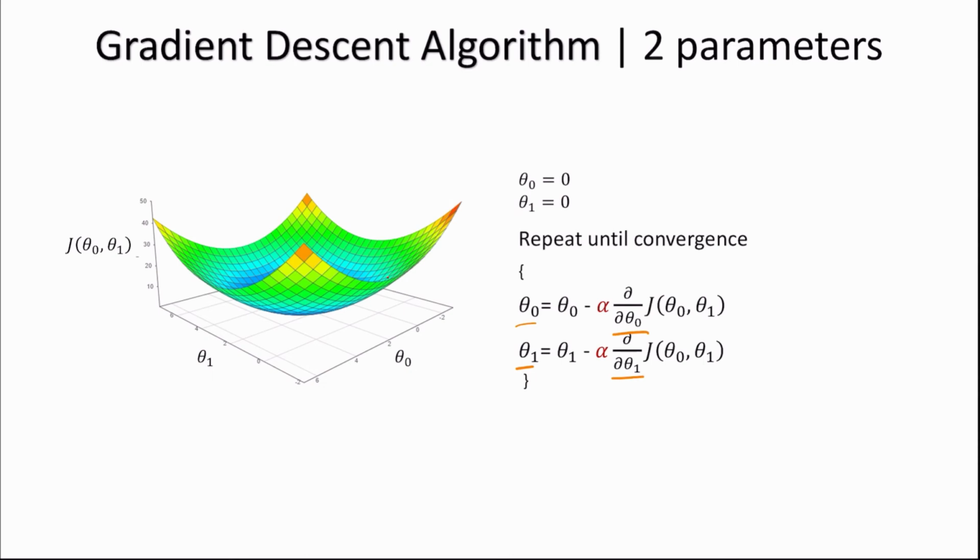We initialize both θ0 and θ1 to 0, so we look for 0, 0, which is roughly here. Then as we repeat our algorithm until convergence, we make our way down to the minimum, which is given by the point roughly 2, 2. Then we use the values θ1 equals 2 and θ0 equals 2 in our final regression line to give y hat equals 2 plus 2x.